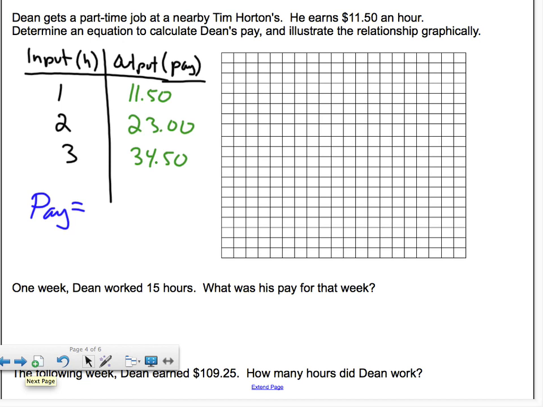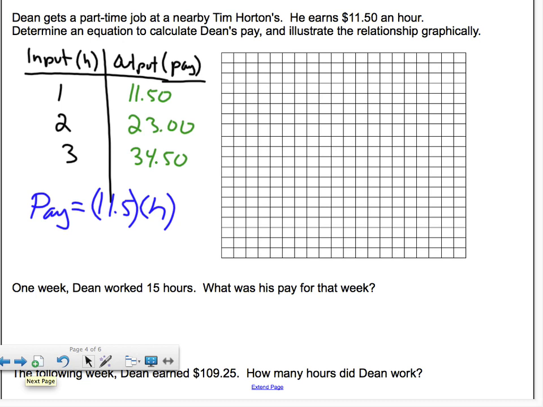So we're multiplying by hours, H. His pay is determined by $11.50 multiplied by the number of hours he works.